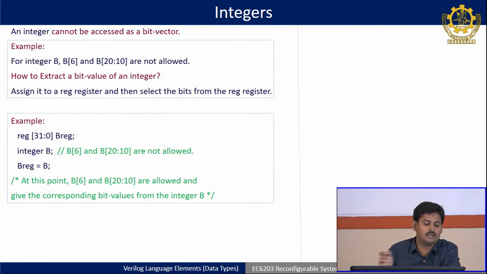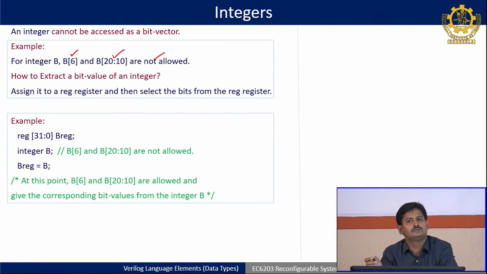Now I want to access b bracket 6, this is a bit select, one bit of the entire vector, or a part select b 20 to 10, this is not allowed. Okay. Integers as a whole represent a single whole number. So, you can't individually take the individual bit of the integer, that is a restriction.